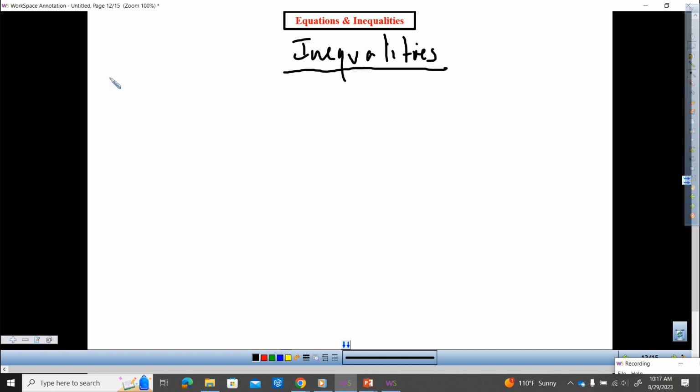All right, example Q. Here we go. Write this down. 5 is greater than 2x plus 1. All right, so let's do this one together. Line down the inequality symbol. Let's see.